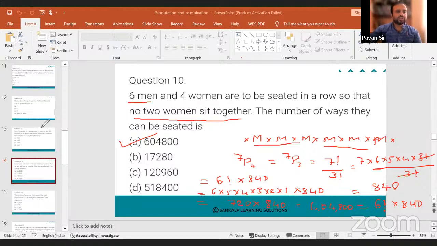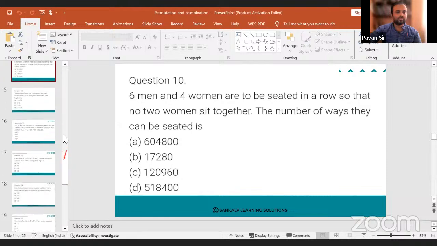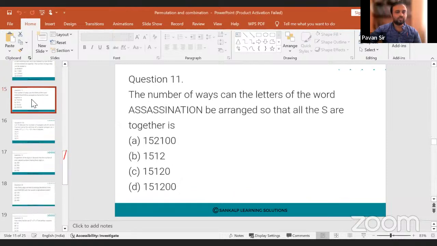We'll move on to the next question now. In how many ways can the letters of the word ASSASSINATION be arranged so that all S are together?